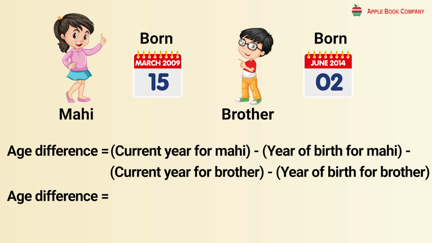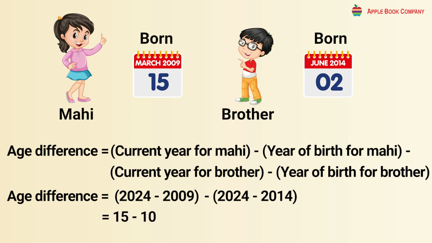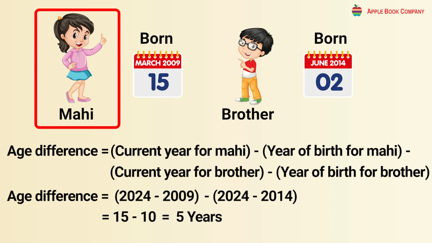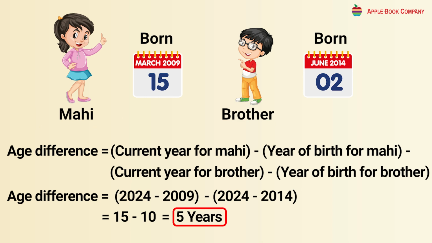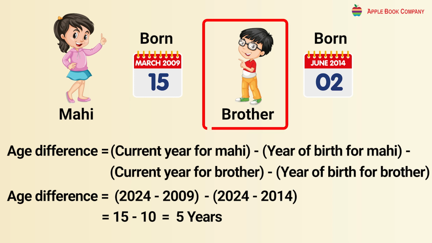Age difference is equal to 2024 minus 2009 minus 2024 minus 2014, which is equal to 15 minus 10, which is equal to 5. Therefore, Mahi is 5 years older than her brother.